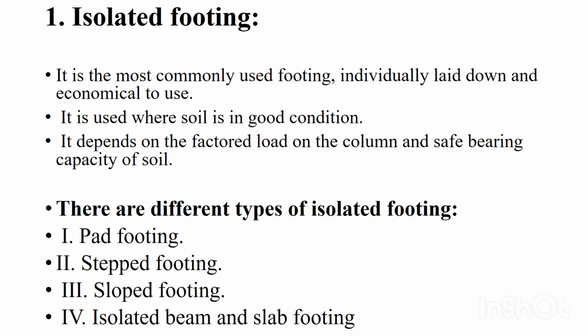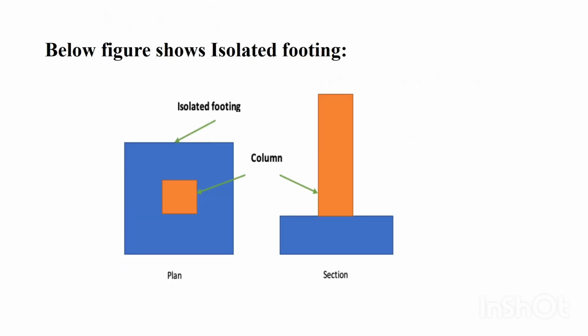In isolated footing we have four types, which include pad footing, strip footing, sloped footing, and isolated beam and slab footing. These are the figures which show isolated footing, where we have one column. This is the plan, and we have the plan and section as shown.